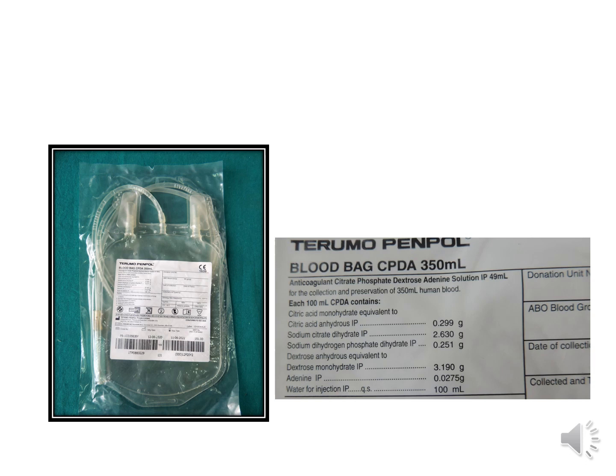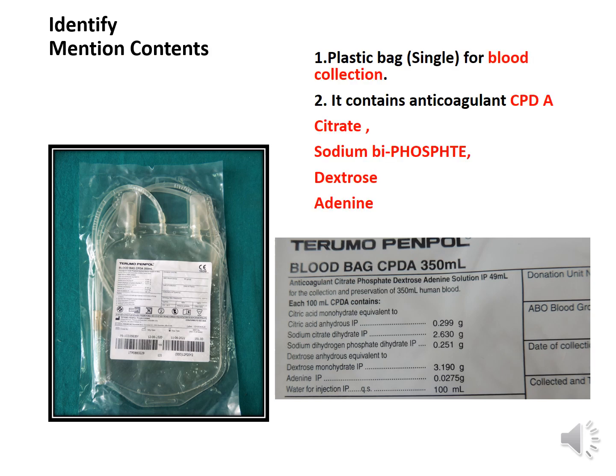This is the blood bank in transfusion medicine. Transfusion medicine is itself a big subject, but here you just identify this as a single blood bank. There may be double or triple blood bags, and they can ask several questions in the viva on blood banking and transfusion medicine. But as a spotter, you have to identify this as a blood bank and mention the contents.